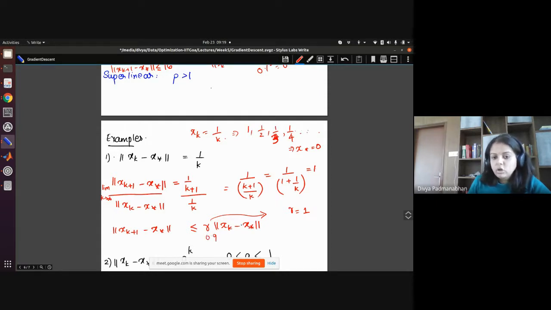If you take gamma as 0.9, you're not going to have this as k approaches infinity, because this has to be true for every k beyond some point, and at some point this is not going to happen. So the only value of gamma is 1 here. This is actually sublinear convergence.